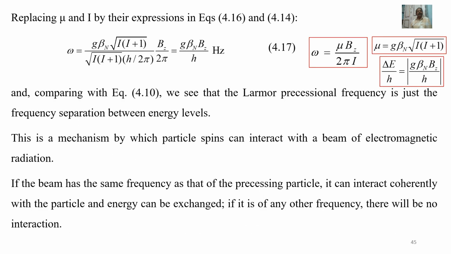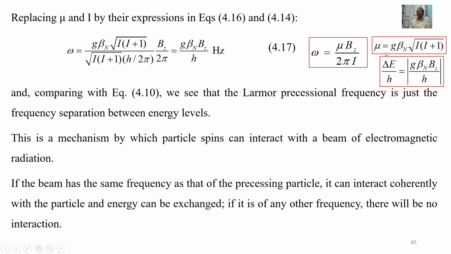Replacing mu and I by their expressions in equations 4.16 and 4.14, the corresponding frequency is given as g beta n root of I into I plus 1 B divided by root of I into I plus 1, divided by 2 pi.